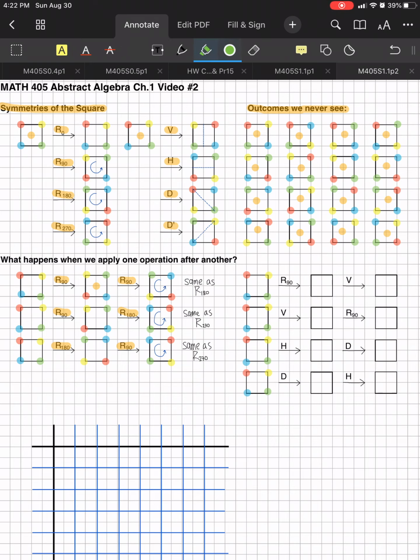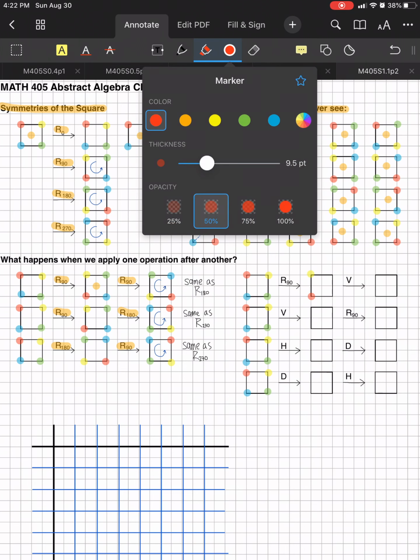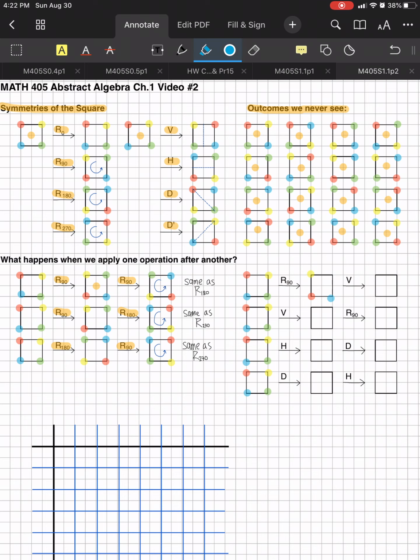Okay, so let's go ahead and fill in these first ones here. The 90-degree rotation, we already saw what that does. It puts yellow up here, pink down there, blue there, green there. And vertical flip, we can look up above. It puts the green there, yellow in the top left, pink in the top right, and blue in the remaining spot.